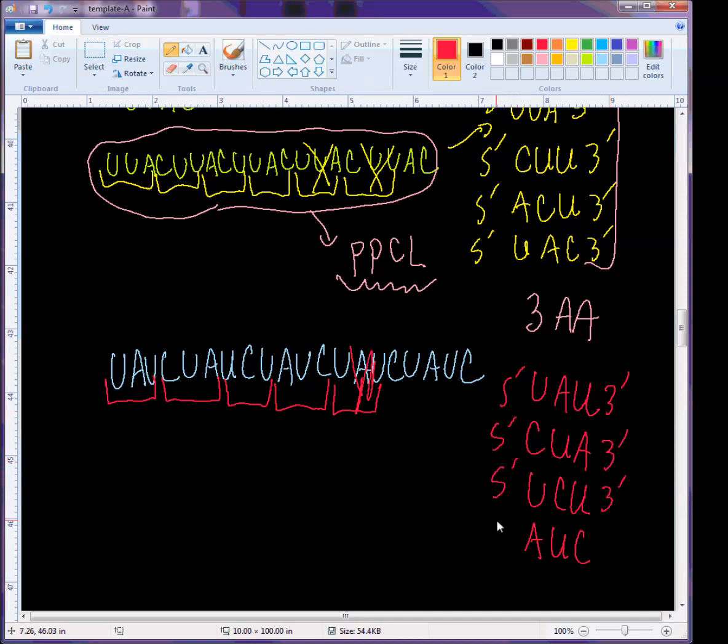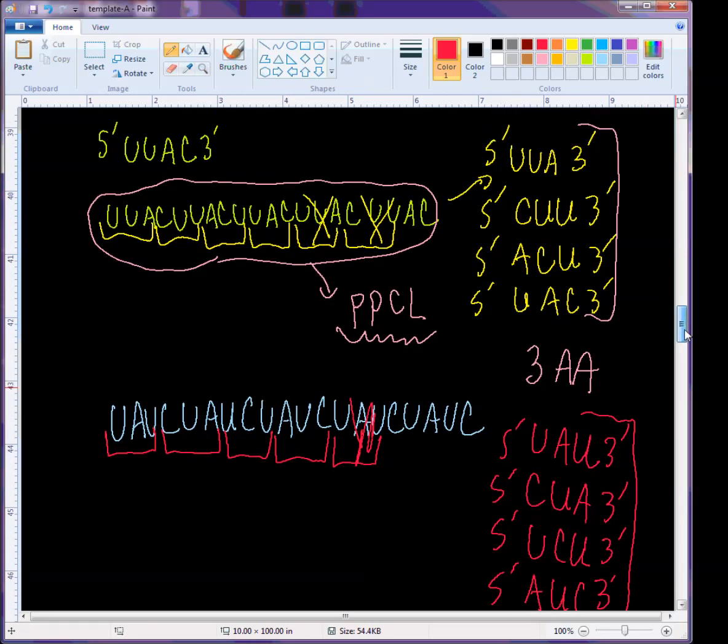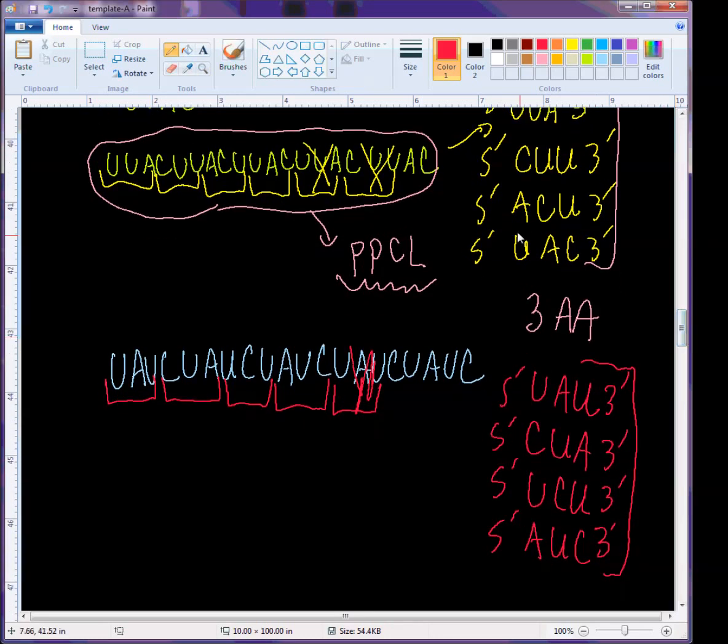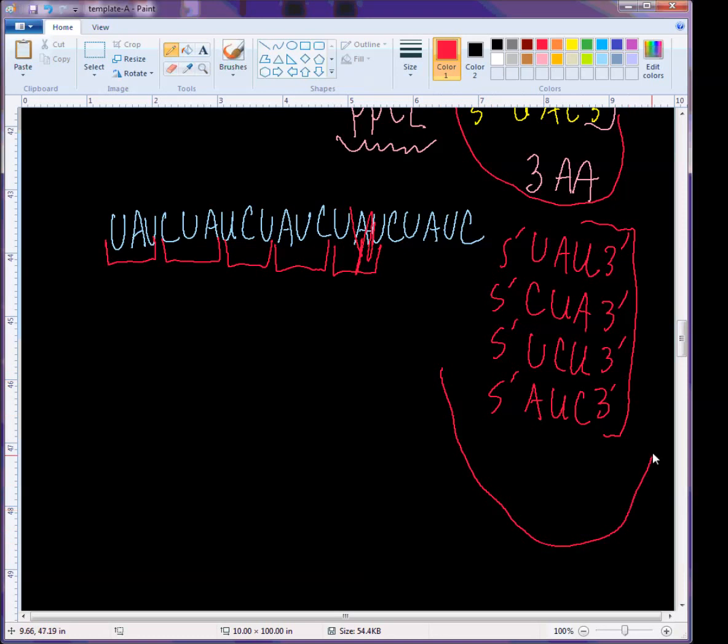And so the question now is, we see 4 codons resulting from both repeating copolymers. We can find 4 codons in each one, but for some reason this repeating copolymer only leads to the incorporation of 3 amino acids, and this one down here leads to the incorporation of 4 different amino acids into the protein. I haven't looked at the answer, but I'm guessing it's probably because the genetic code is degenerate.